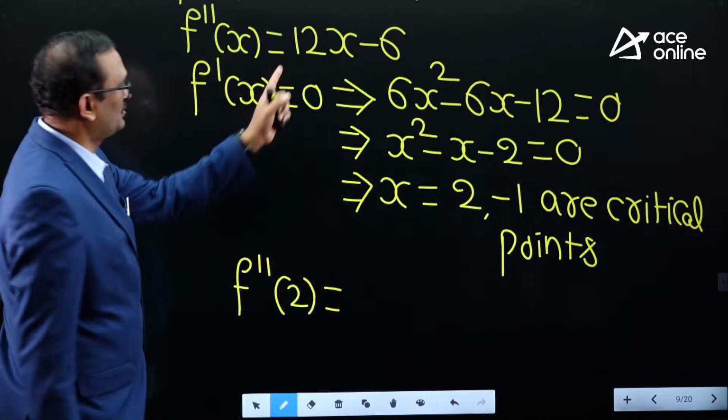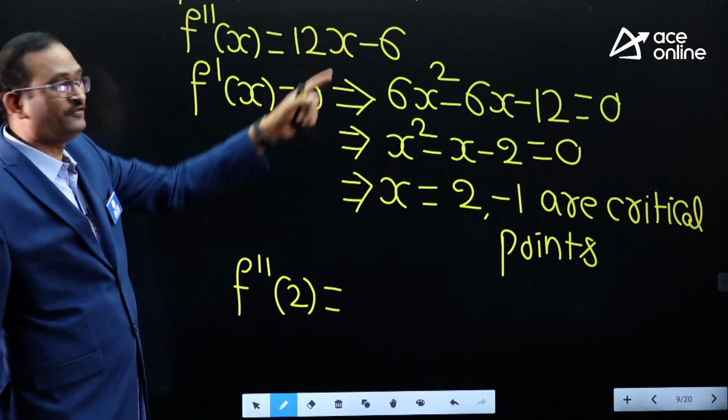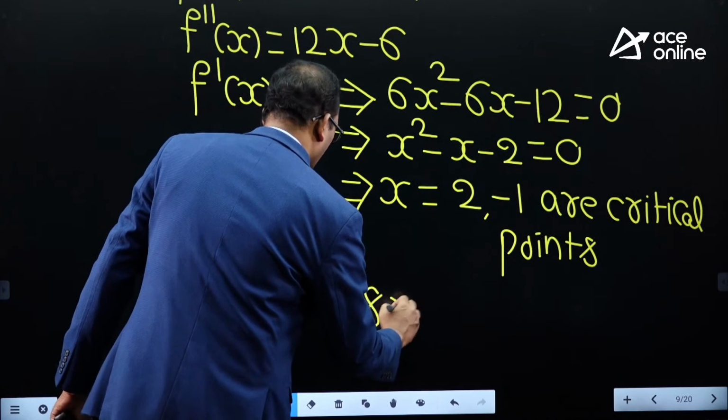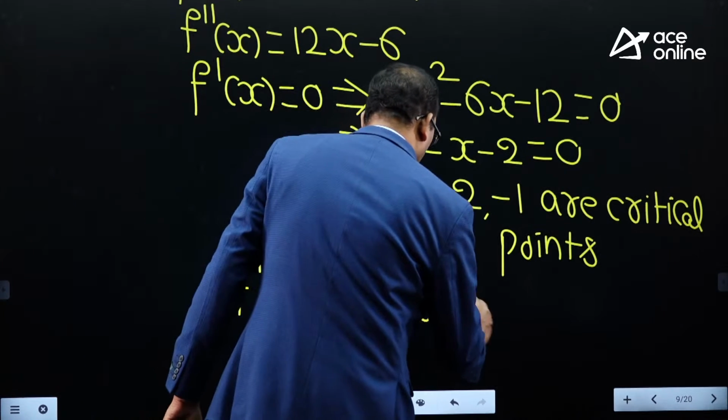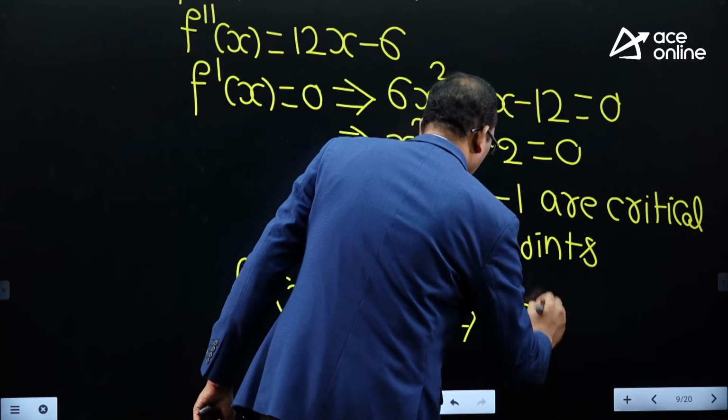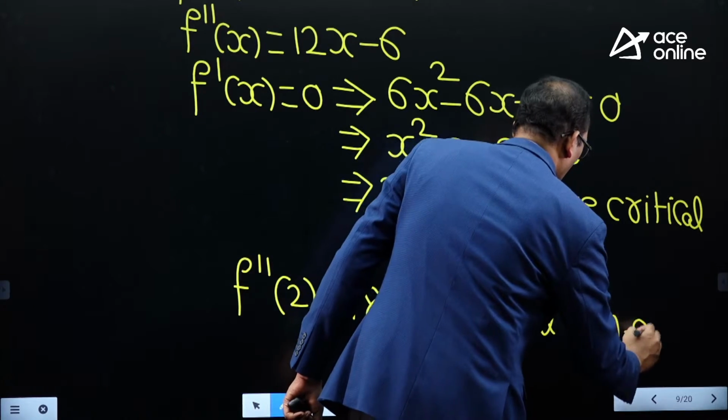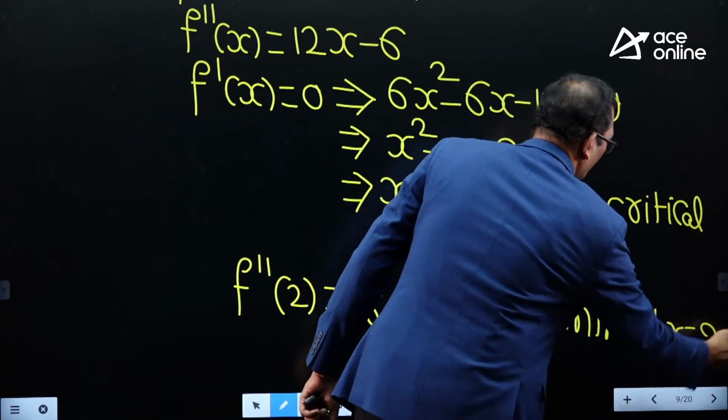f double dash of 2 is equal to 12 into 2, that is 24, 24 minus 6, that is 18, greater than 0, which implies local minima at x equal to 2.